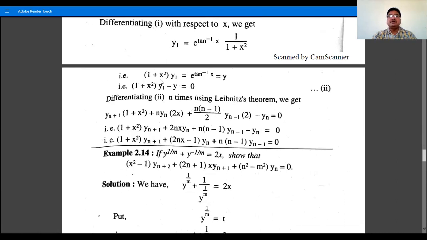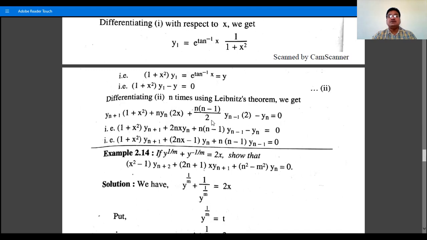So the derivative of this term, (1 plus x square) into y1. So y1 is u, 1 plus x square is v. So the first term is nc0, that is 1, un means the derivative of y1 of nth order is yn plus 1, 1 plus x square as it is, v as it is, plus the next term nc1, that is n, y1, the derivative of y1 of n minus 1th order is yn, v1 is 2x.